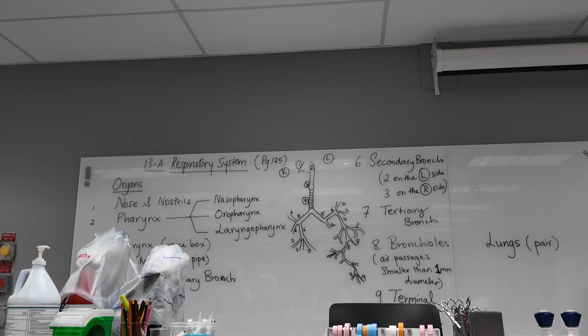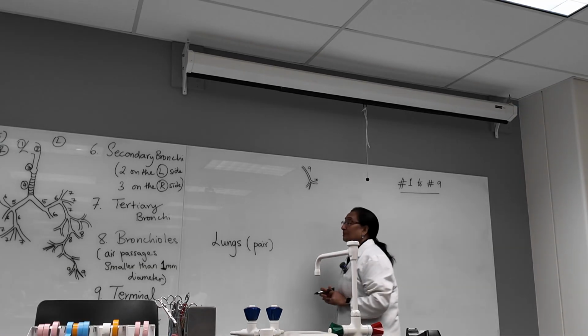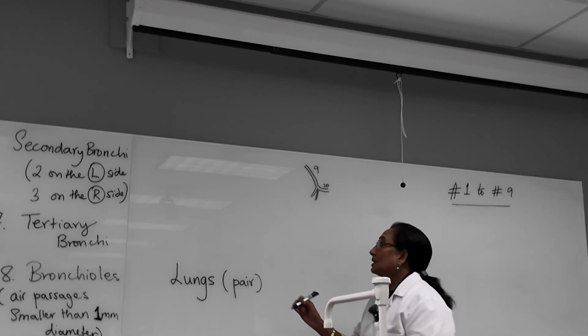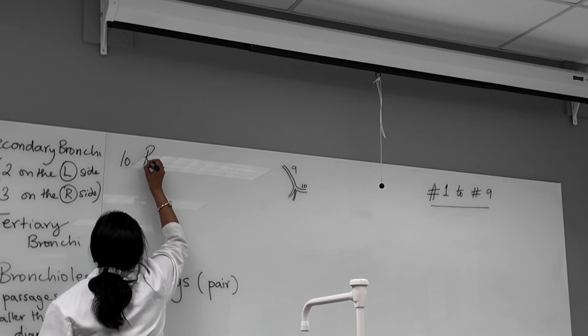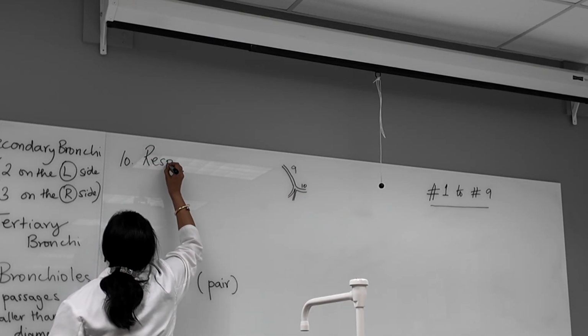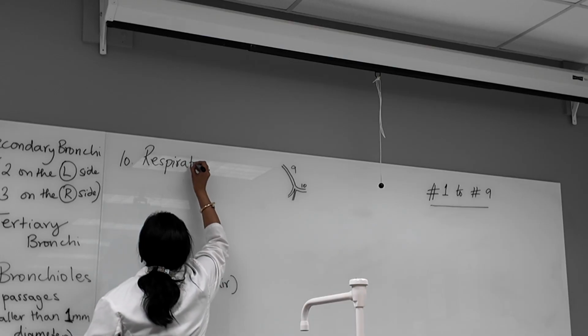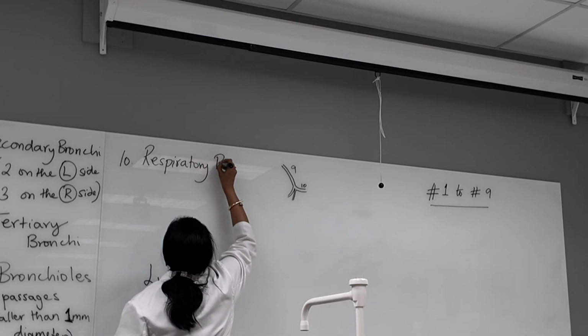Okay. This will then divide into smaller branches. Number 10. Number 10 is called respiratory bronchiole.